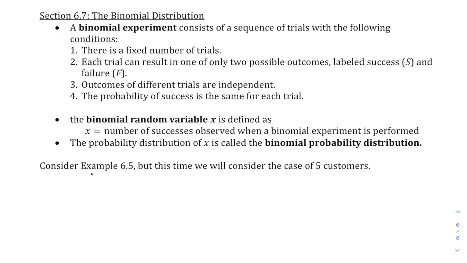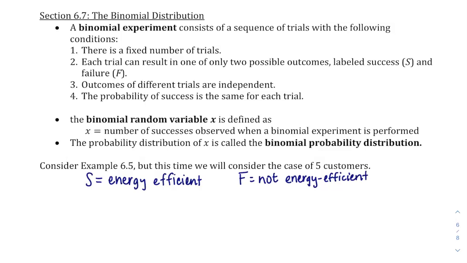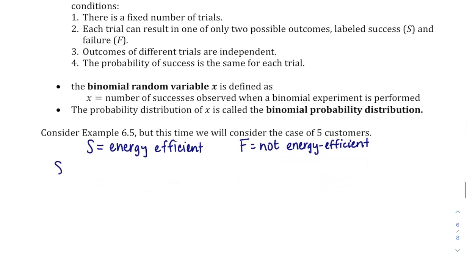We can consider the success to be getting an energy efficient refrigerator, and then failure would be not getting an energy efficient refrigerator. So with that, if we want to start looking at some of the outcomes, we might have something like this: success, failure, success, success, failure. Or maybe success, success, failure, failure, success.